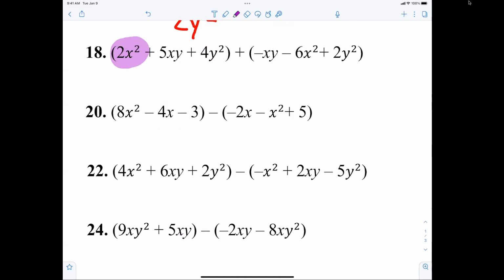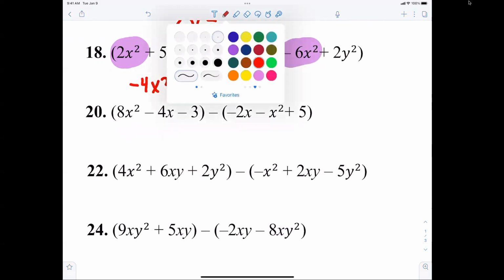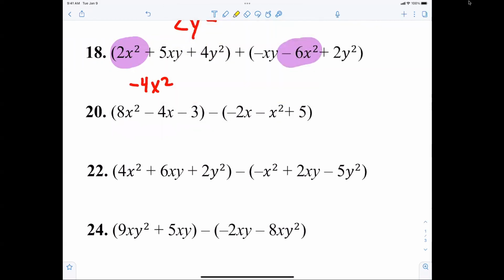Where's another x squared term? What kind of 6x squared? So what is that? Now let's look at the next term, 5xy. Are there any other xy's? How many? Right. So all together.